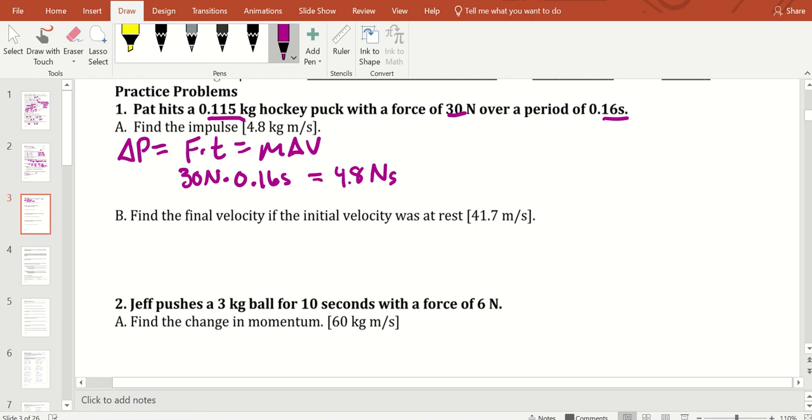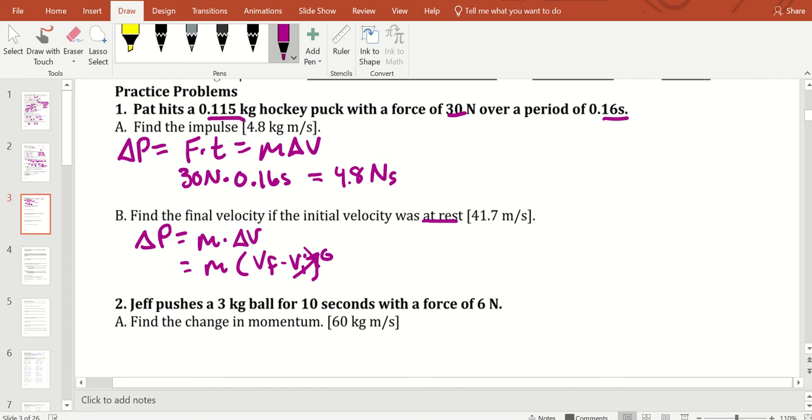Now, we know that impulse is also equal to mass times change in velocity. So it's equal to mass times the quantity Vf minus Vi. The problem tells me the initial velocity was at rest, so my initial velocity here is going to be 0.